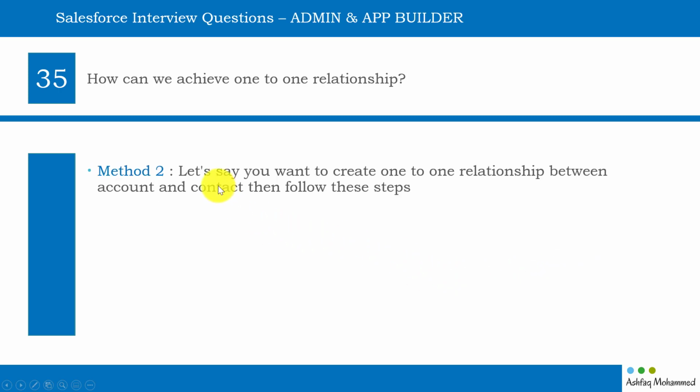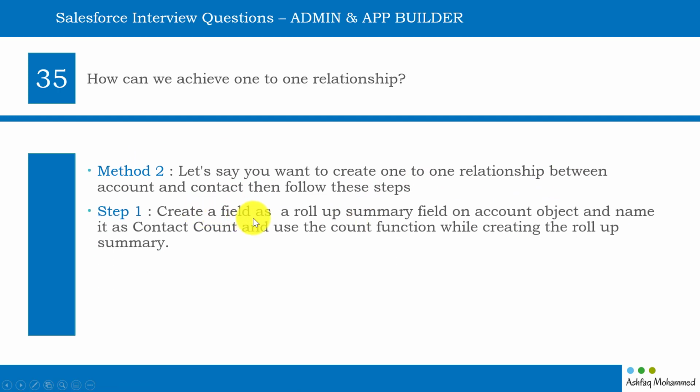The second method: let's say you want to create a one-to-one relationship between accounts and contacts. Follow these steps. Create a roll-up summary field on the account object and name it contact count. Use the count function while creating the roll-up summary.